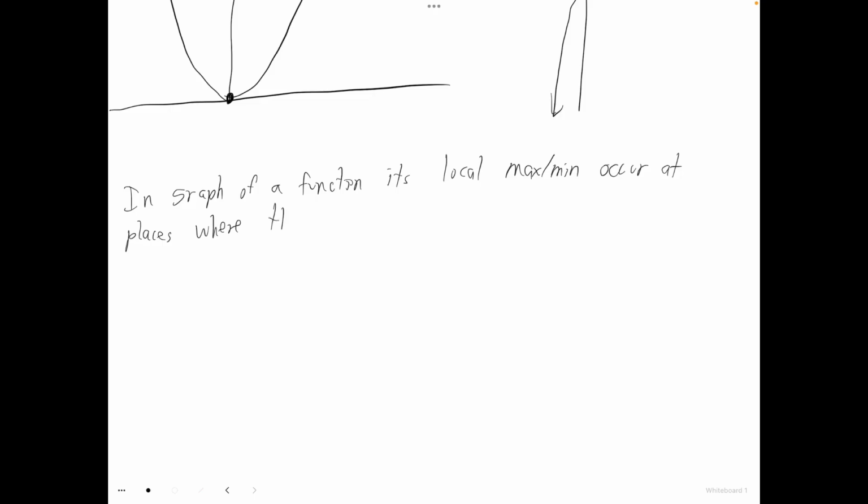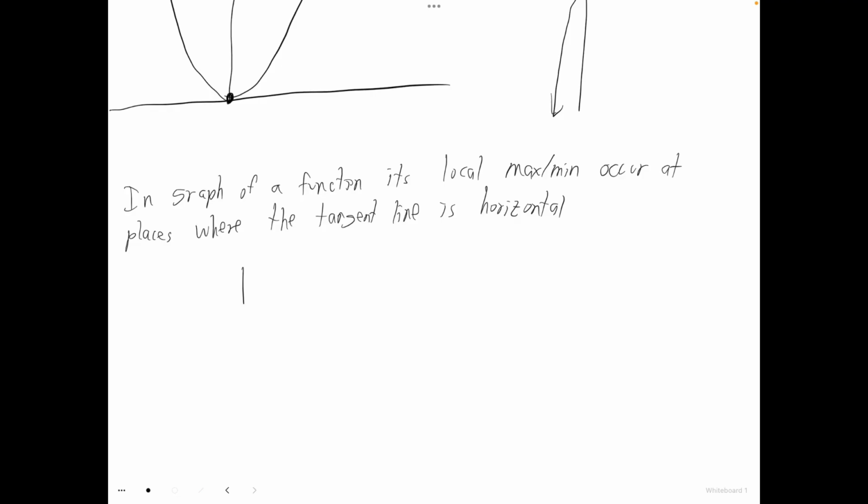Now, one thing you may have noticed is that in the graph of a function, its local max and min values occur at places where the tangent line is horizontal.